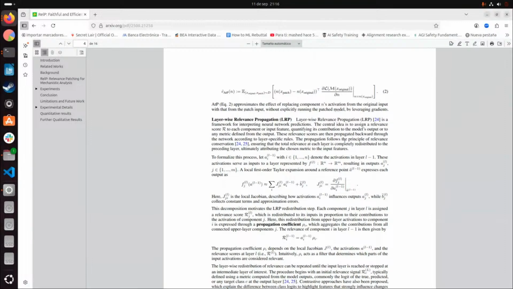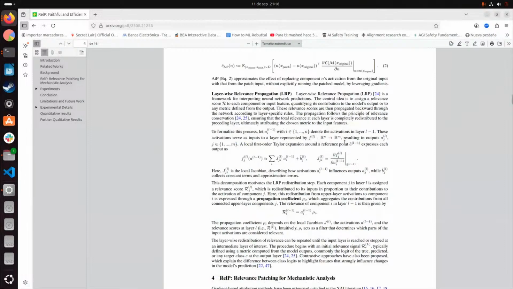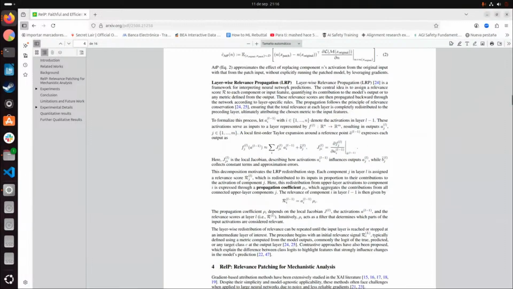Layer-wise relevance propagation is the other thing. The key idea is to assign a relevance score to each component of the input features, quantifying its contribution to the model's output, for any metric defined on the output.